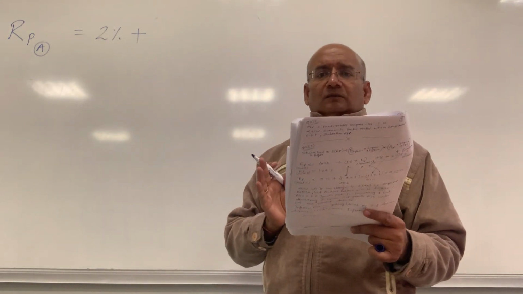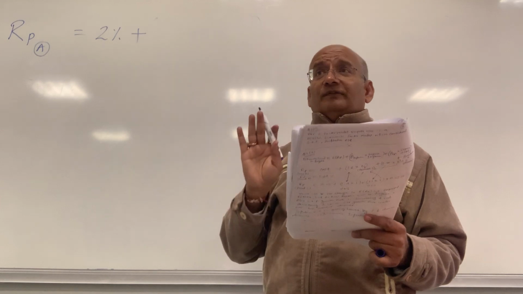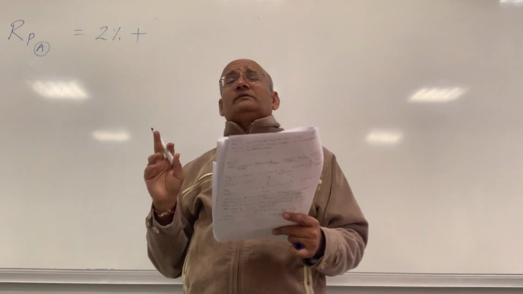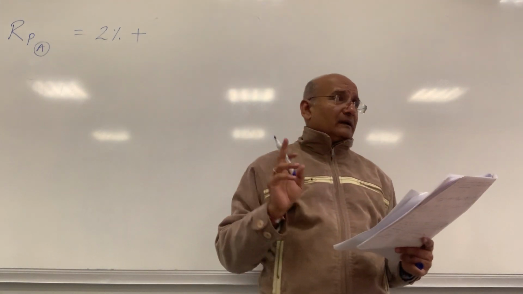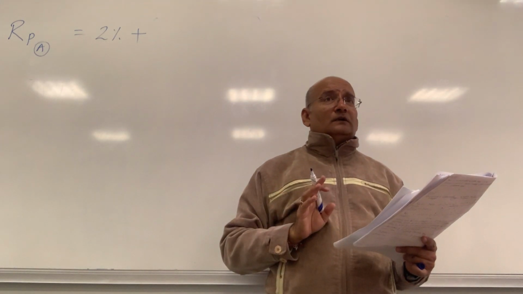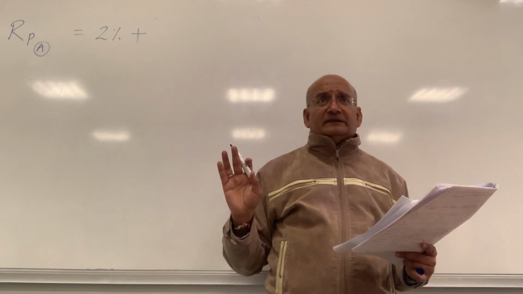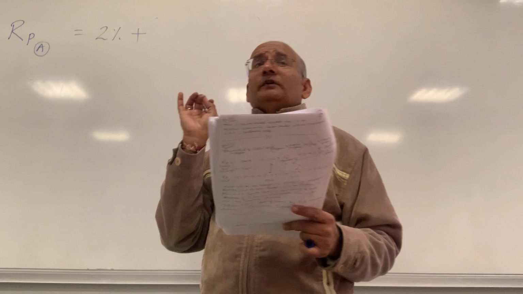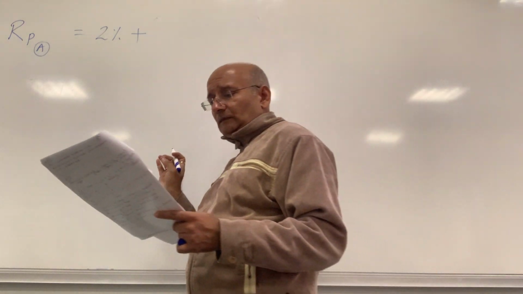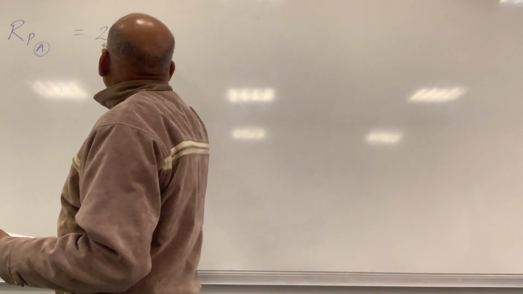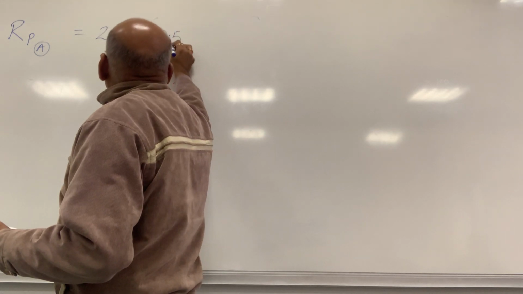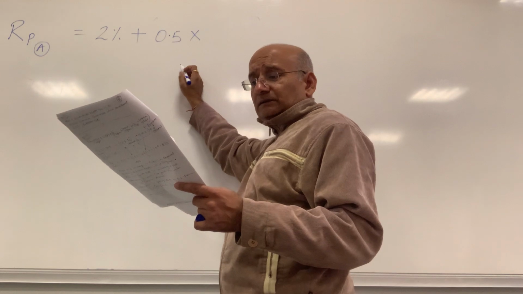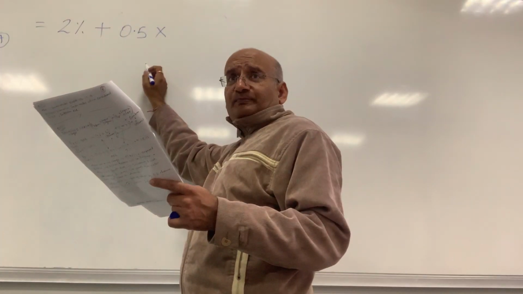First of all, understand which formula we are using. We are using the macroeconomic factor model. So beta multiplied by surprise. What is beta for portfolio A? 0.5. First beta is 0.5 multiplied by surprise. What is surprise? Difference between actual and expected.